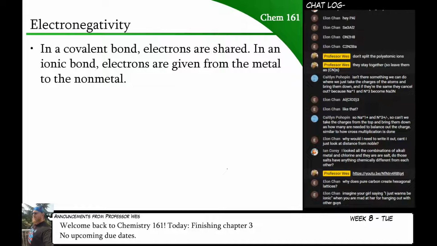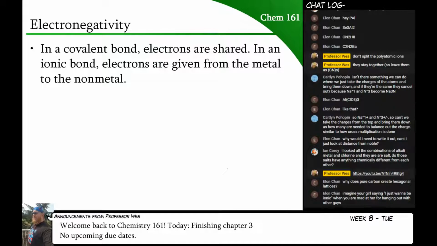Now, an important concept that helps us define between whether something becomes ionic or whether something becomes covalent is this topic right here, electronegativity. Now, we've sort of defined metals as, oh, they want to get rid of their electrons. And we've defined nonmetals as, oh, they want electrons. And we can fill our electron configuration so that we get a full s and p subshell to look like a noble gas.